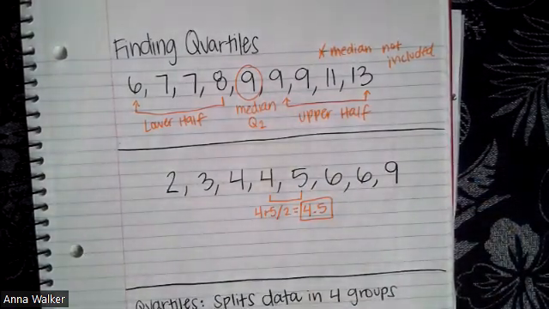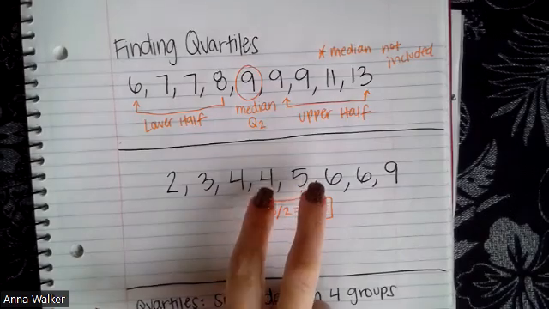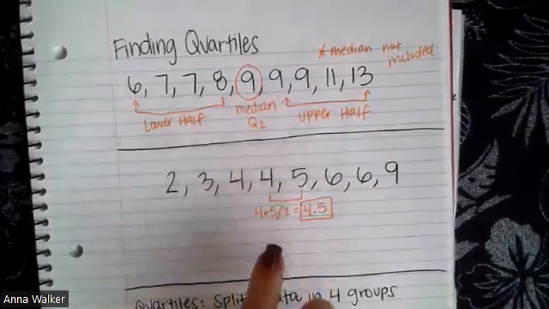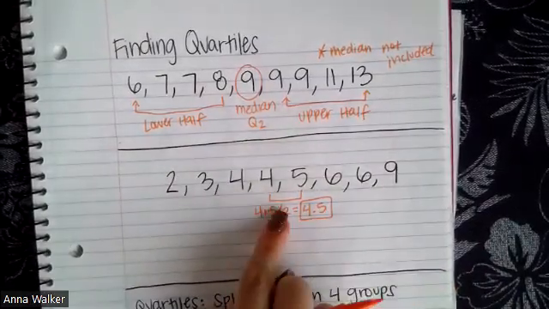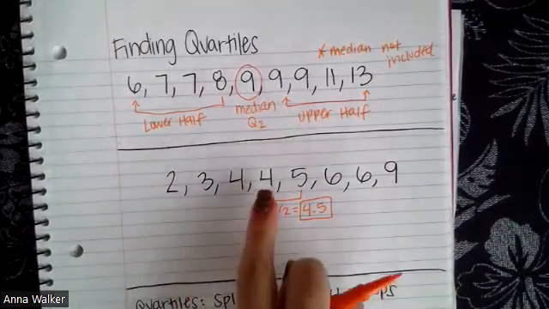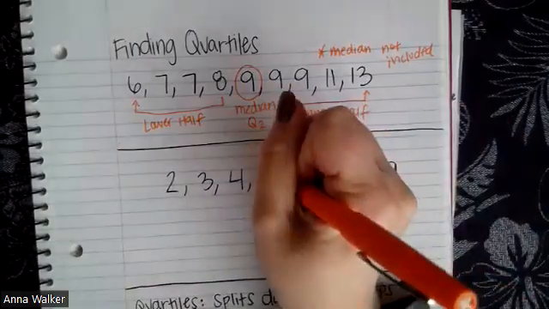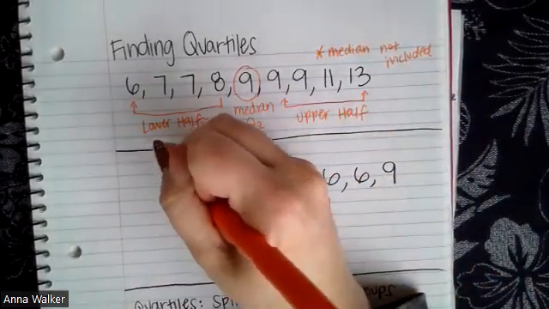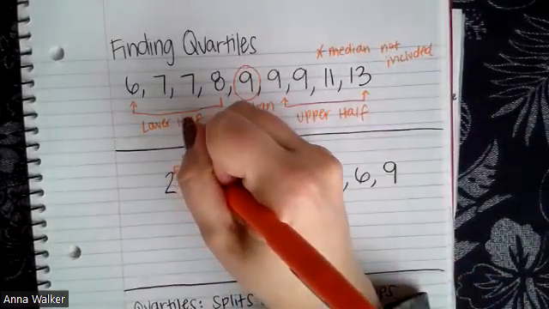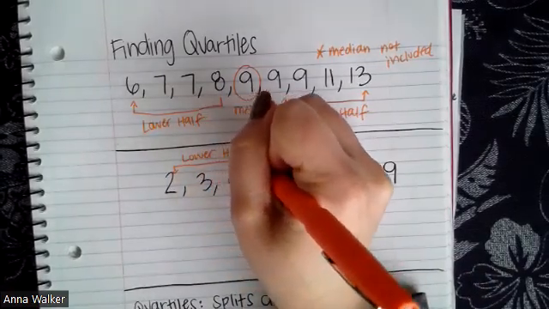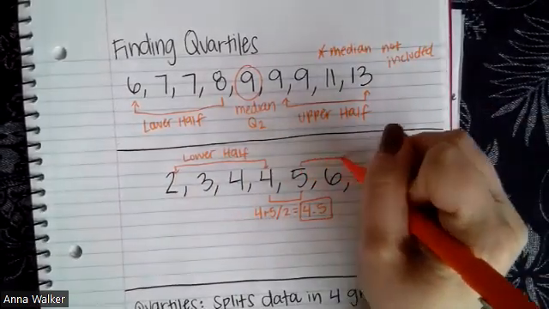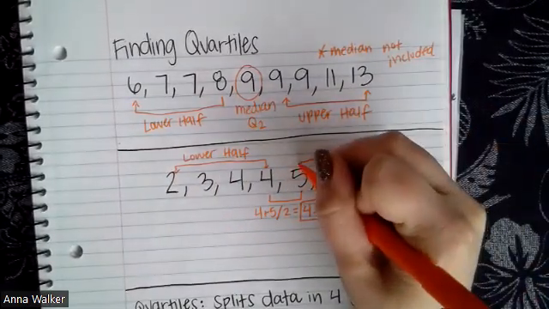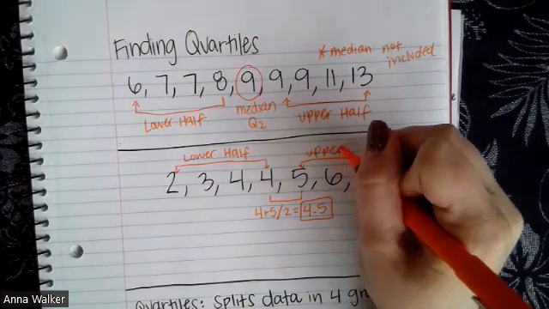However, when I label the upper and lower half, in this case, I am going to include the two numbers I used to calculate the median. So if my median is 4.5, everything that is below 4.5, which also includes the 4 I used to calculate the median, is going to be known as the lower half. And everything above 4.5, which also includes the 5 we used to calculate the median, is going to be known as the upper half.